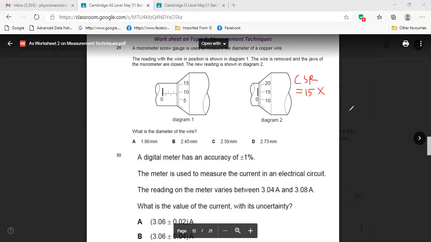So if you can measure till 0.01 millimeter, you should multiply this value 15 with 0.01. Yes, sir. So you are getting here 15 multiplied by 0.01, then what is the answer coming?